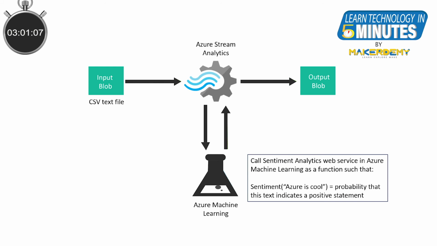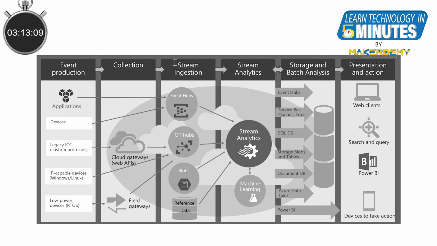Other than this, you can also look for patterns or relationships in the incoming data by adding a machine learning service with Stream Analytics. With the results of Stream Analytics jobs, you can either store them somewhere or perform further analytics on them. Here again, you can have single or multiple outputs per streaming job.